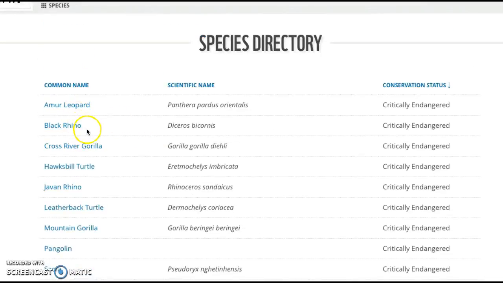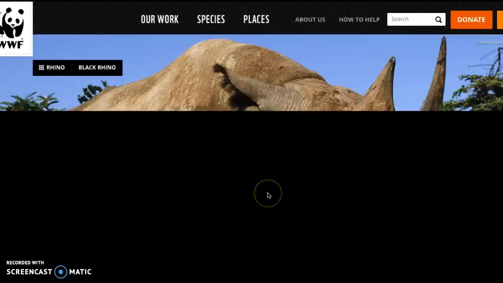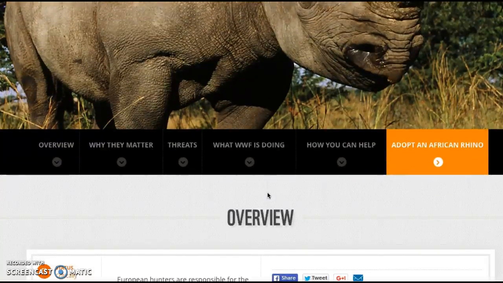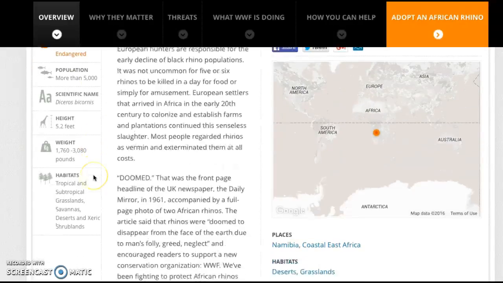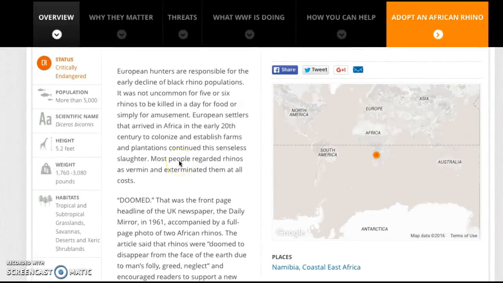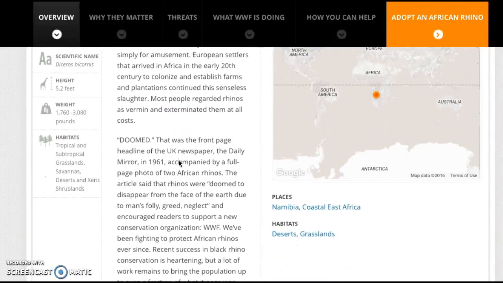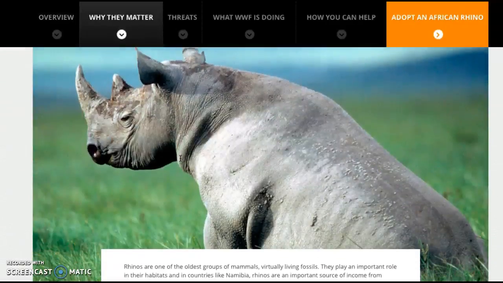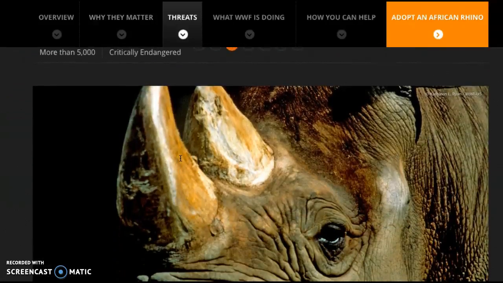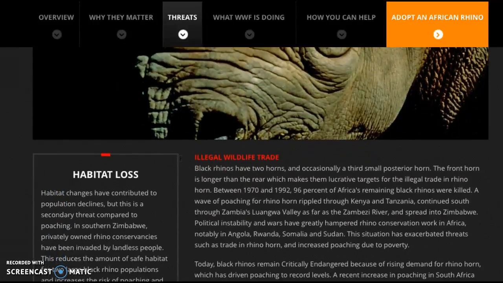And let's see, I'll click on black rhino. The website has the picture of a black rhino. Over here it shows the population, scientific name, height, weight, habitat, where it lives, and information about the endangerment of rhinos, why they are important animals, and how they became a threat.